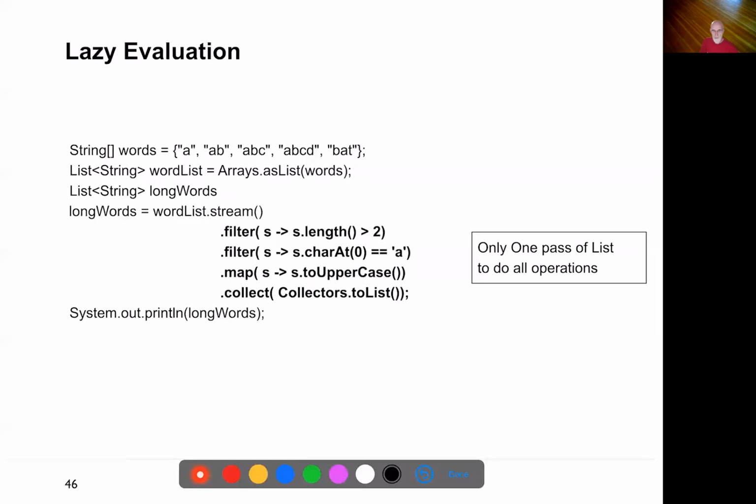The other thing you note is that the streams are smart enough and the compiler is smart enough now that we're not making 3 separate passes over the list. We don't go through the entire list and then filter out things that are greater than 2 and then go through that list, select the ones that start with A and then go through it again. We basically make only one pass over the list. Anyway.